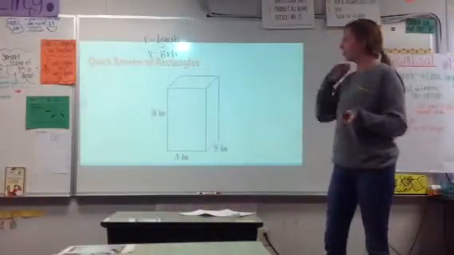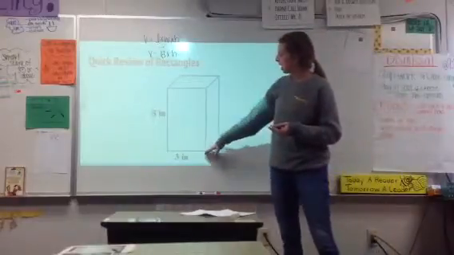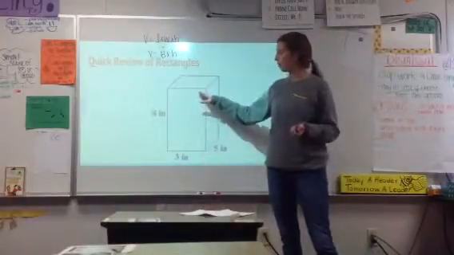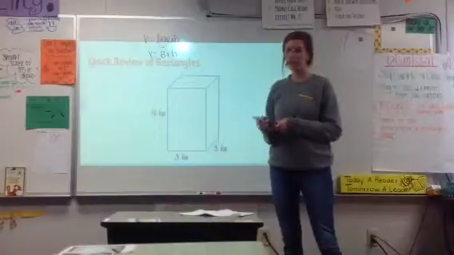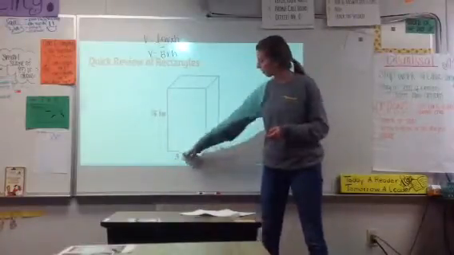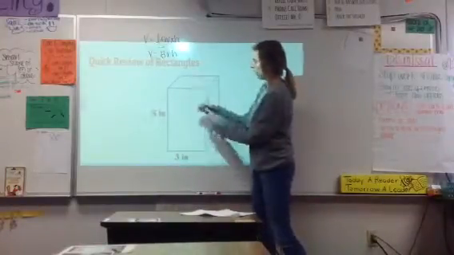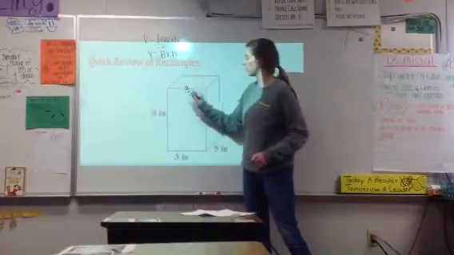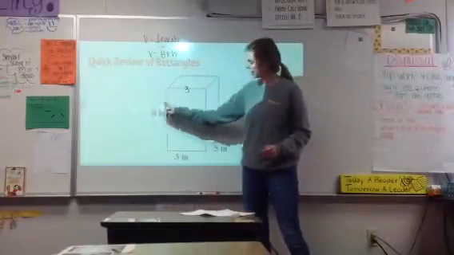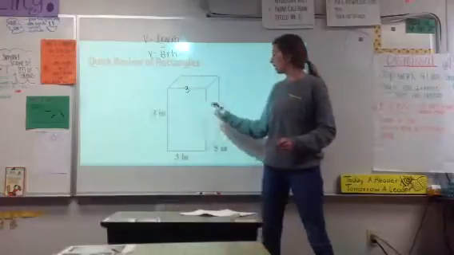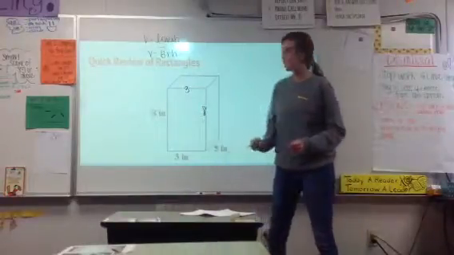And so one thing to remember about rectangles is that the opposite side of the rectangle has the same exact length. So this length is 3. I know on a rectangle the opposite length is actually 3. If this length is 8, I know that the opposite side of that is also 8.